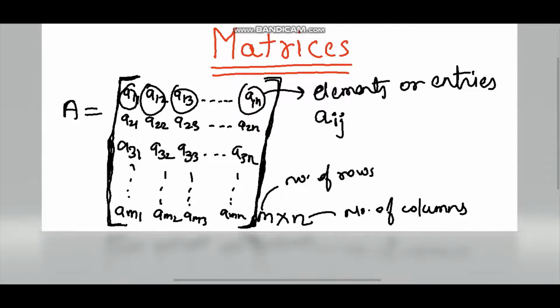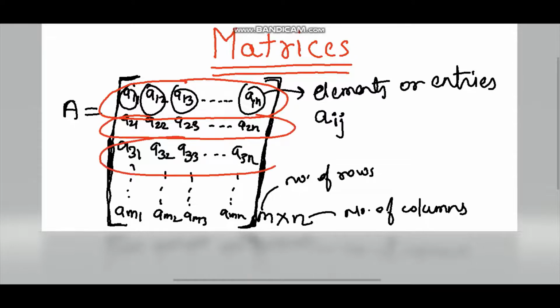Now, what are rows and what are columns? These are rows. We have m rows, these are rows 1, 2, 3, like that. And these are columns.